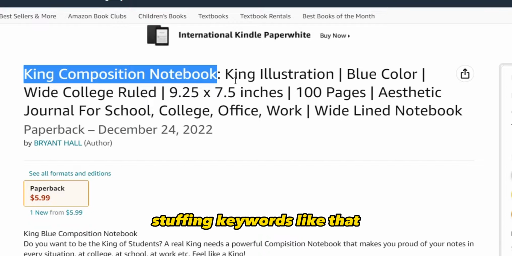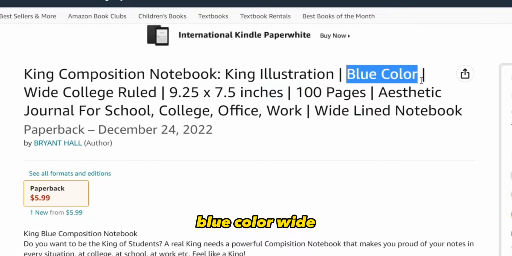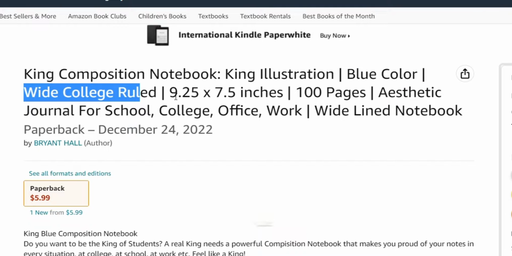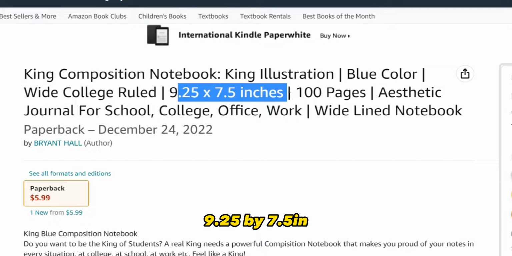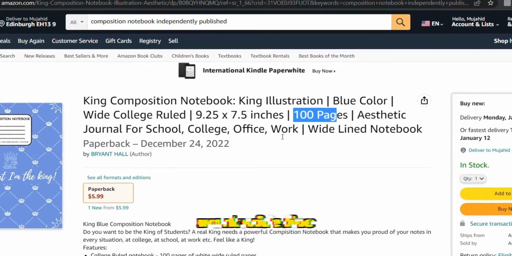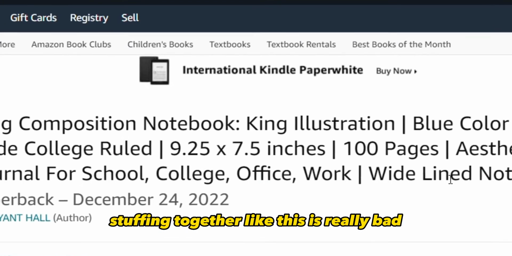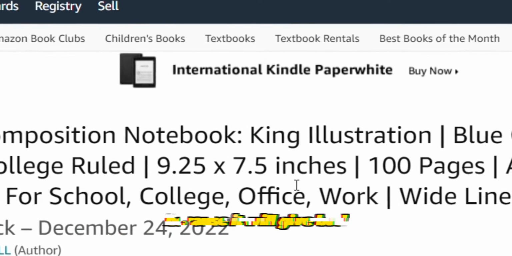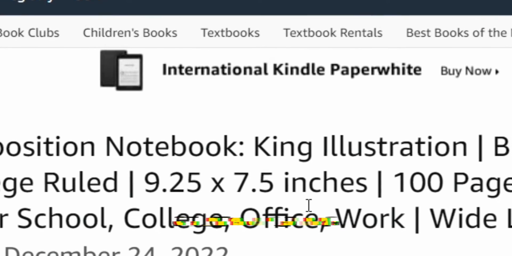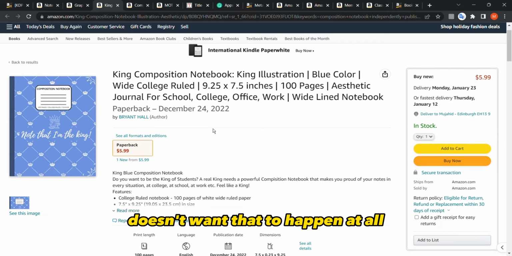Instead it's stuffing keywords like that, for example here: King Illustration, blue color, wide college ruled, 9.25 by 7.5 inches, 100 pages, aesthetic journal for school, college, office, work, wide line. So random keyword stuffing together like this is really bad, because it will give a bad customer experience, and Jeff Bezos doesn't want that to happen at all.